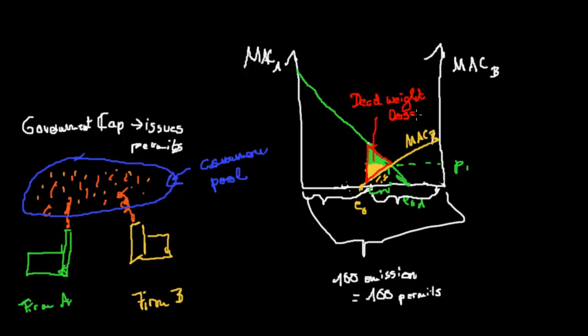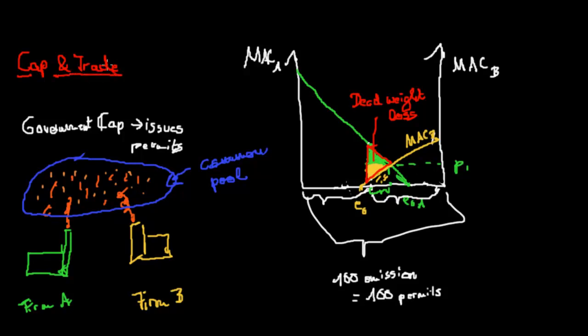So with a cap and trade system, we have now shown that there's an efficient market outcome of achieving the set emission reductions in the least costly fashion.